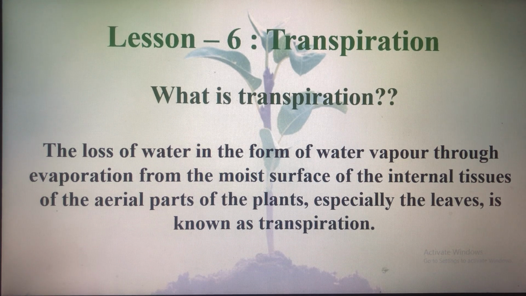Aerial parts of the plants, especially the leaves. So during transpiration, water loss occurs from the aerial parts, especially the leaves of the plants, and water is lost in the form of water vapor, and it occurs by the process of evaporation.